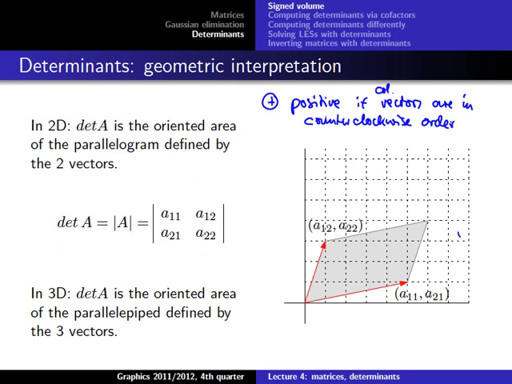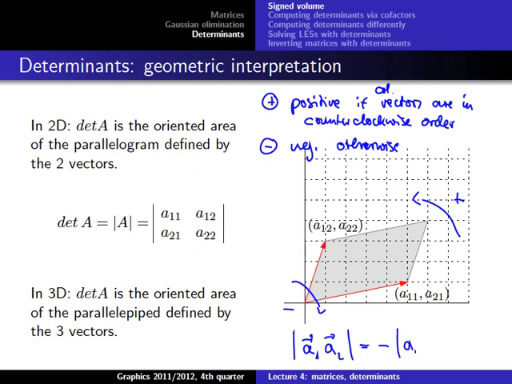So if this here is the first and this is the second, that's counterclockwise, or negative otherwise. So in this case, the volume is positive. In this case, if we write A2 first and then A1, it is negative. And when you calculate the determinant, you will also see that det(A1, A2) is minus det(A2, A1).